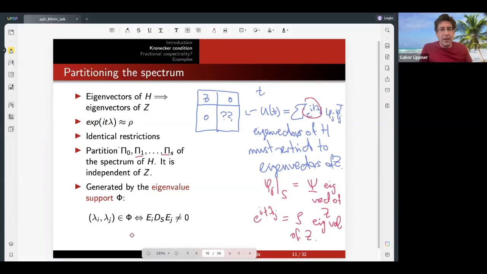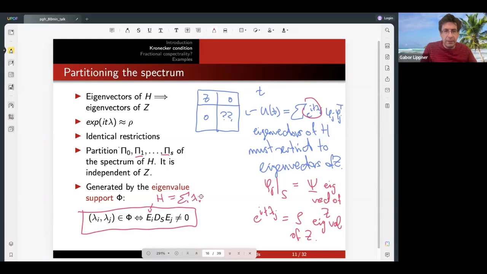And it can be described by this formula here. So basically, the E_i is just the spectral projection to the ith eigenspace of the H matrix. So H can be written as the sum of lambda_i E_i, where these are the spectral projections.